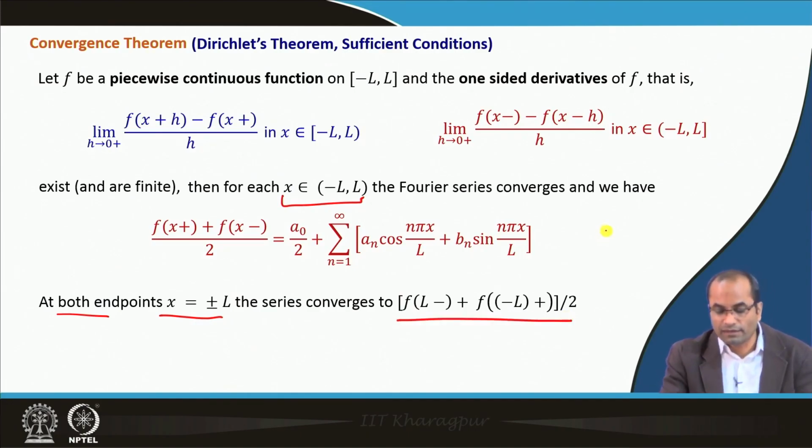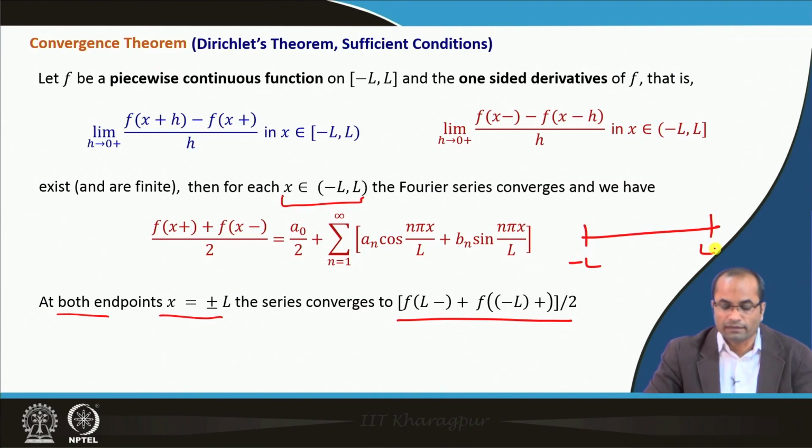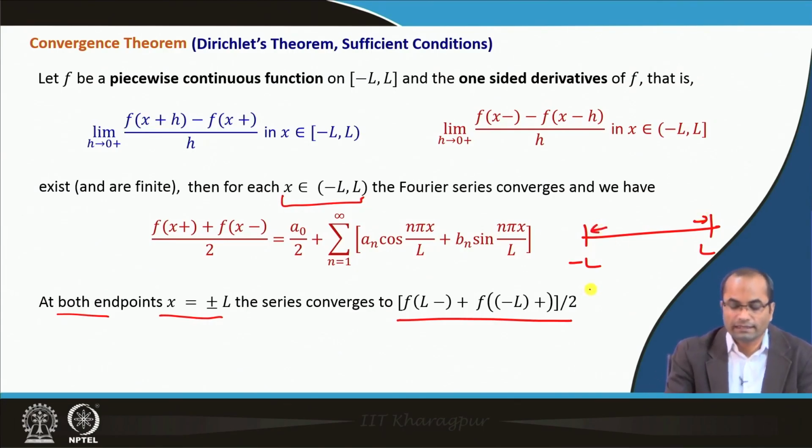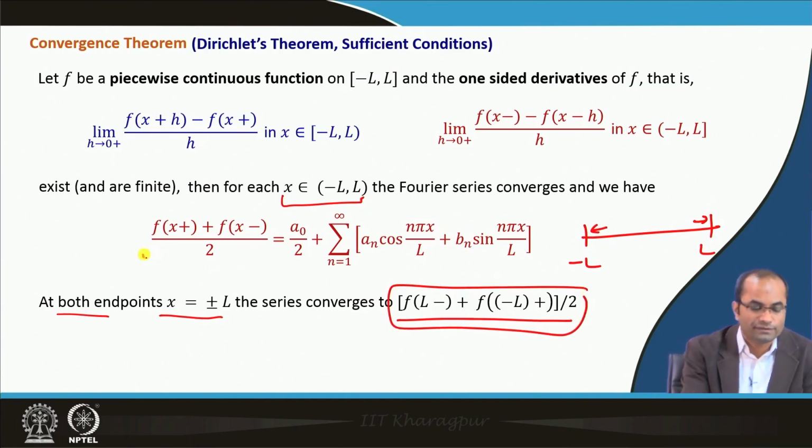What are these average values? So, suppose our interval was minus L to L. So, here we are talking about the left limit, and then here at minus L we are talking about the right limit. So, we take these two limits and then take the average. It is the same situation as we have here.